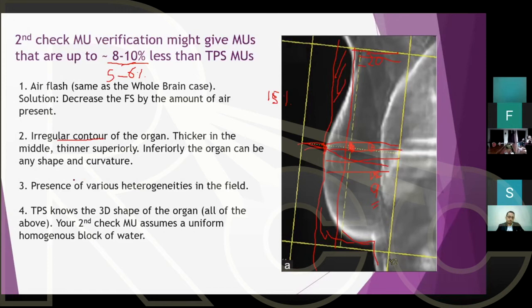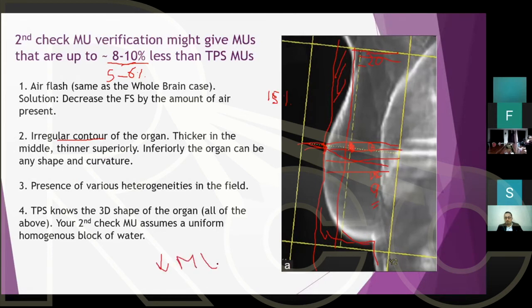So as long as the Excel sheet gives you something reasonable. If all this was water and all this was a uniform block, then I should expect less monitor units.